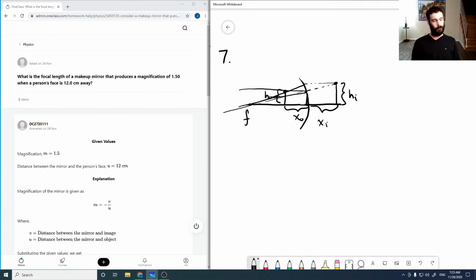And 1 over the focal length is related to our distances by 1 over the x of our object plus 1 over x of our image.